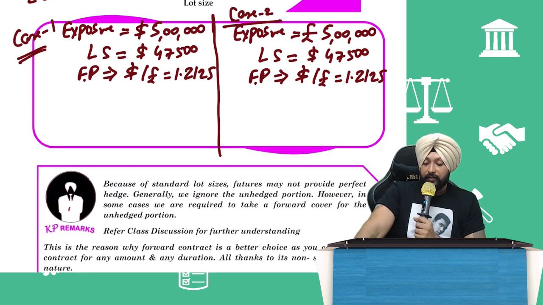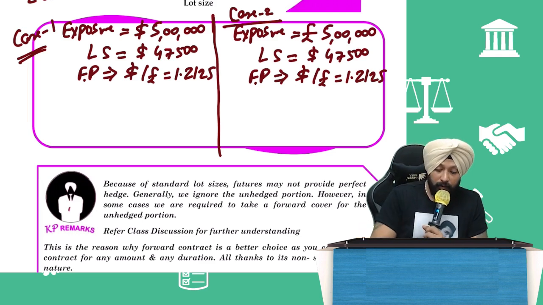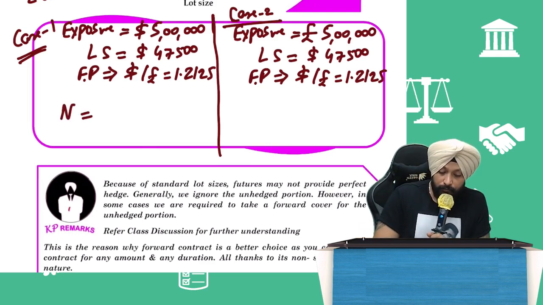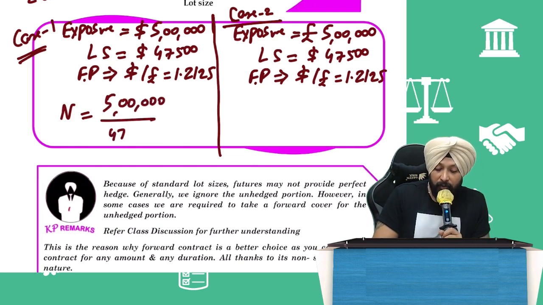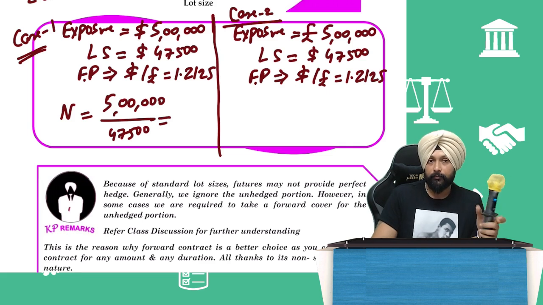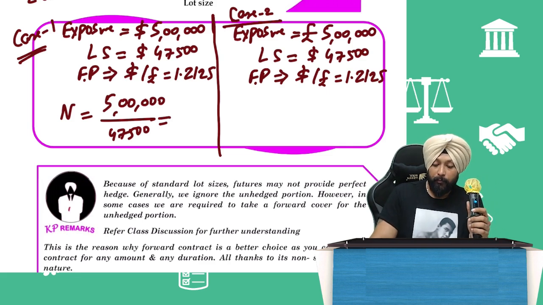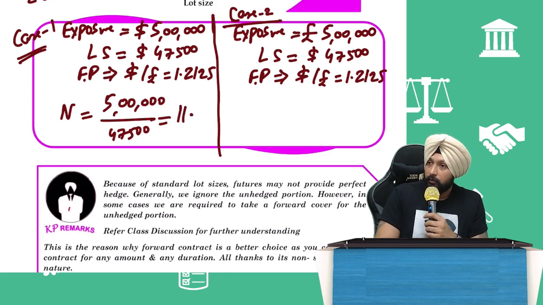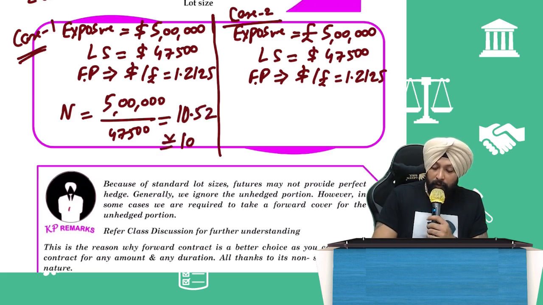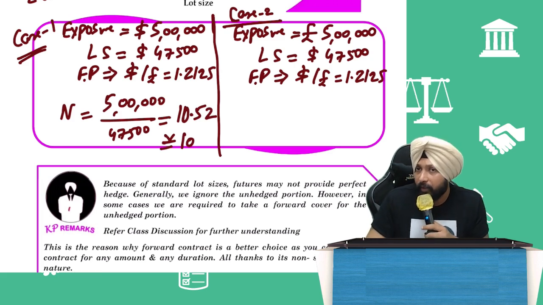In the first case, guys, if you see, exposure and lot size are in the same currency, so what is my number of contracts? 5 lakhs divided by 47,500, that is 10.52. So approximately we can take 10 or 11. Both are correct.